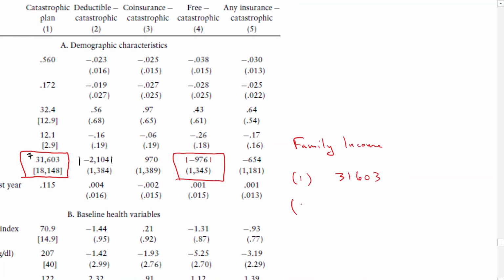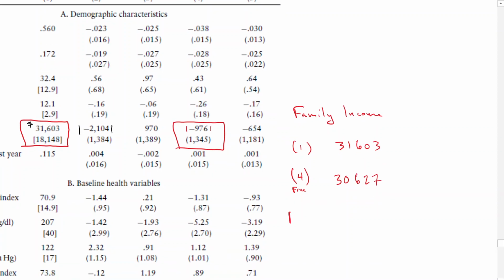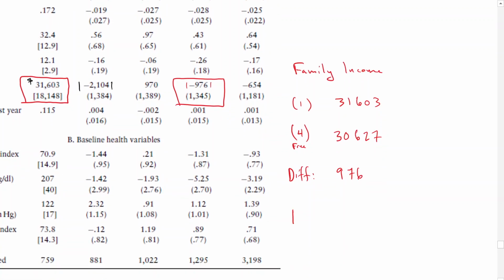From the free plan in column 4, it's 30,627, and that comes from our difference, which is 976. What we're doing is comparing the absolute value of the difference relative to 2 times the standard error.